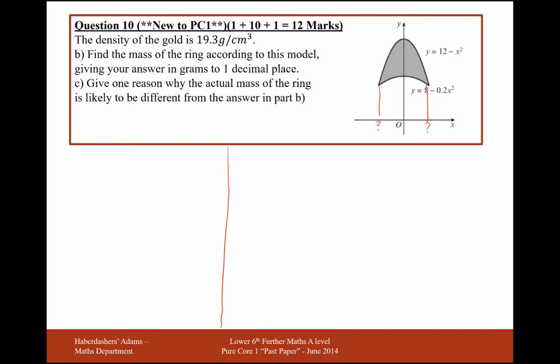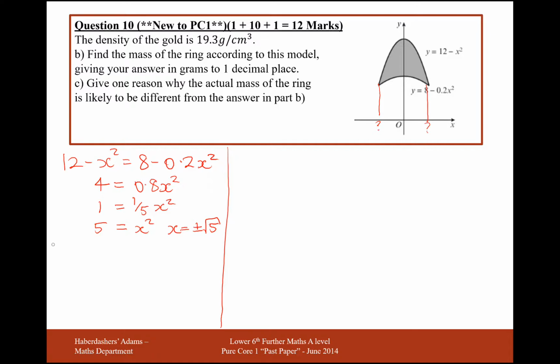So we'll set the equations equal to each other. 12 minus x squared equals 8 minus 0.2x squared, and we'll take the 8 over to the side, add the x squared over to this side, so 4 equals 0.8x squared, and this is effectively 4/5 x squared. Times through by 5 and divide by 4, and you get x is the square root of 5, positive and negative.